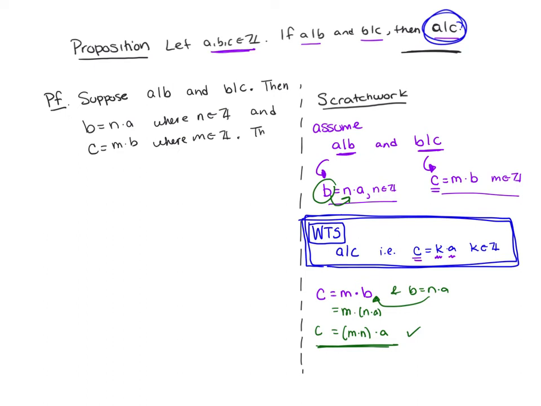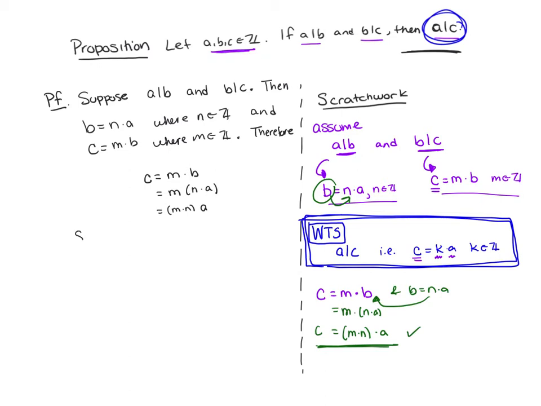Therefore, now I'm going to be doing sort of a long calculation here, so I might want to center that when I'm typing it. Write c is equal to m times b, which is equal to m times n times a. So I'm showing my nice calculation in the center there. All my equal signs are aligned.